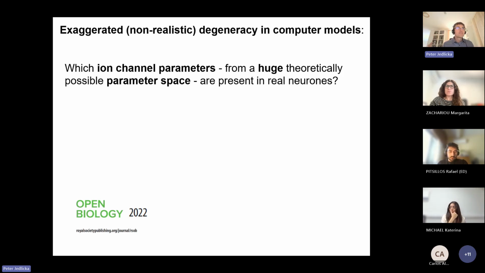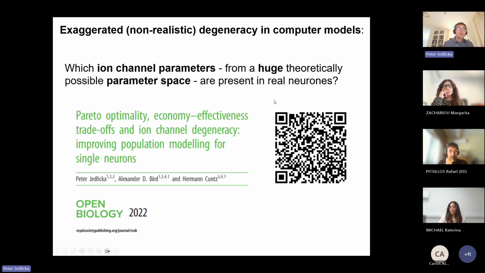However, you might ask, from the huge theoretically possible parameter space, which ion channel combinations or which configurations actually exist in real neurons? And it's not so clear. So we were suggesting in this paper that combining Pareto optimality with degeneracy might help.